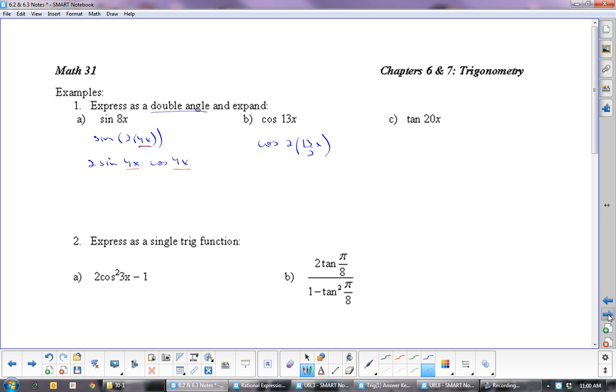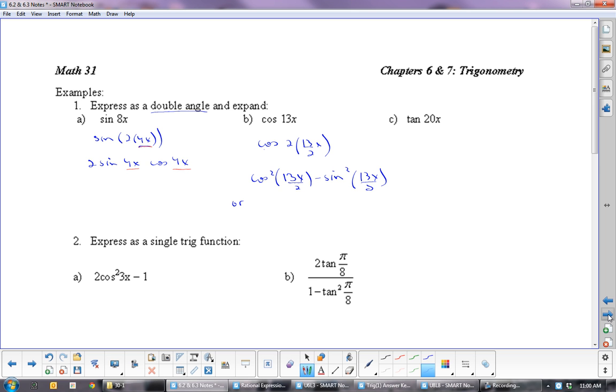Okay, now there's 3 formulas we can write. I guess just for the fun of it, we can do them all. So that would be cos squared 13x over 2 minus sine squared 13x over 2.